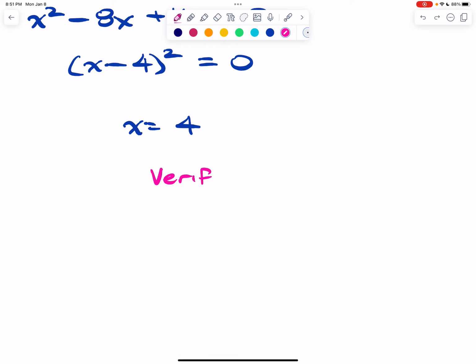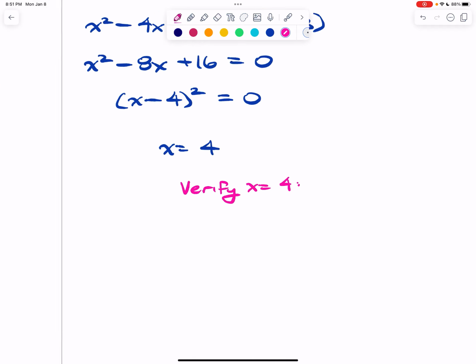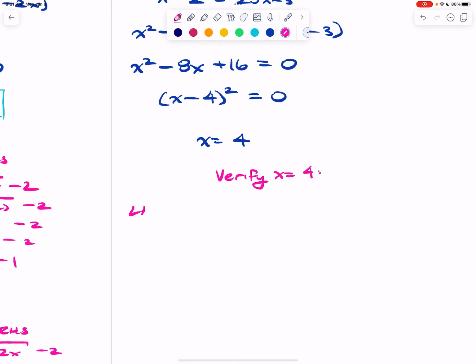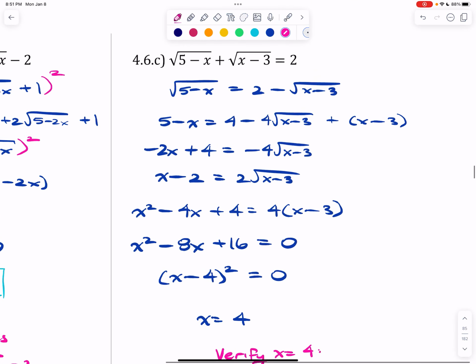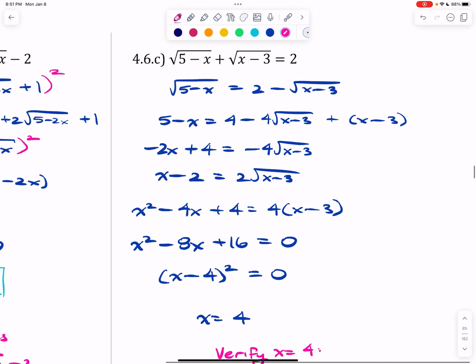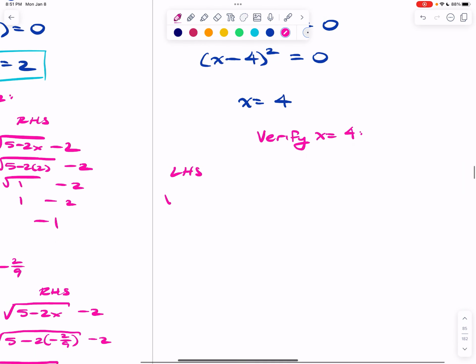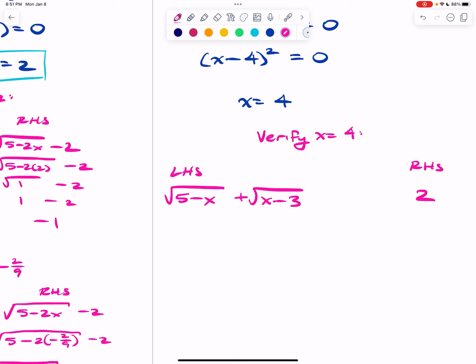Oopsie daisies. So we're going to verify x equals 4. Let's check the left side, which was a lot. Got it. And right side was 2.